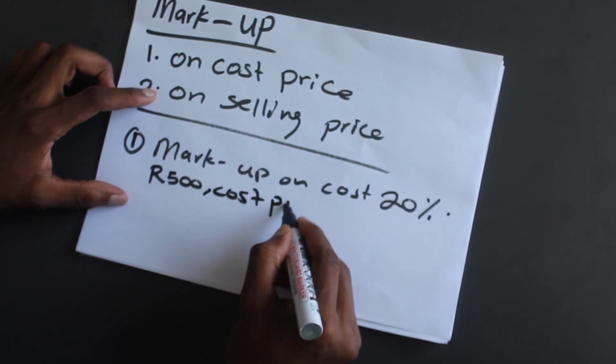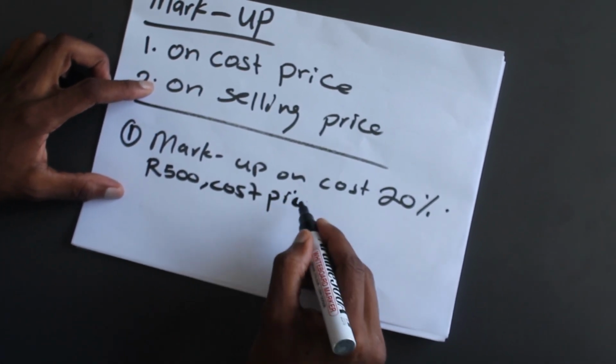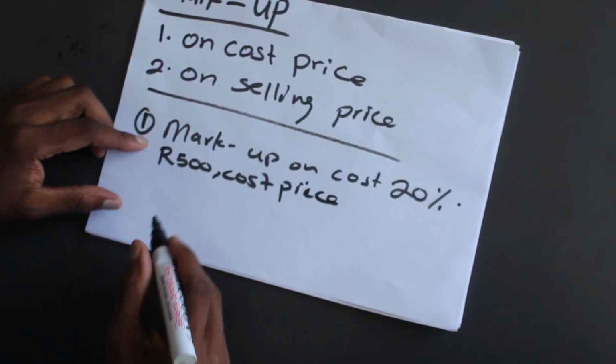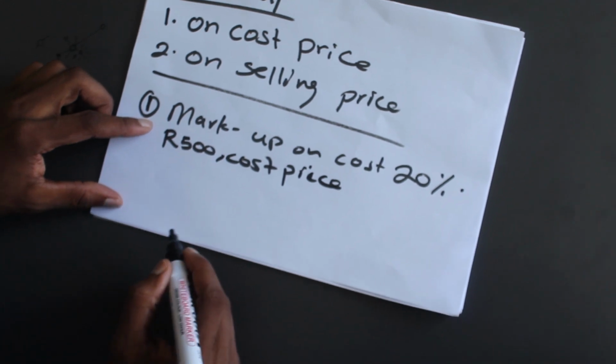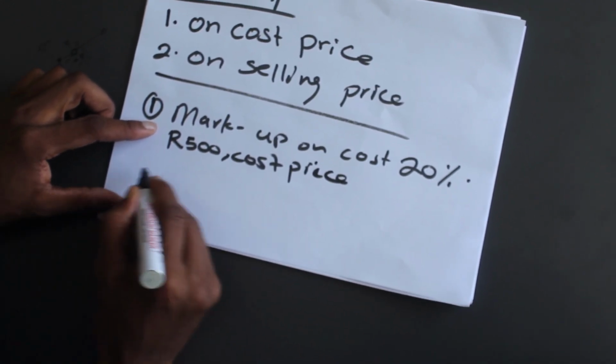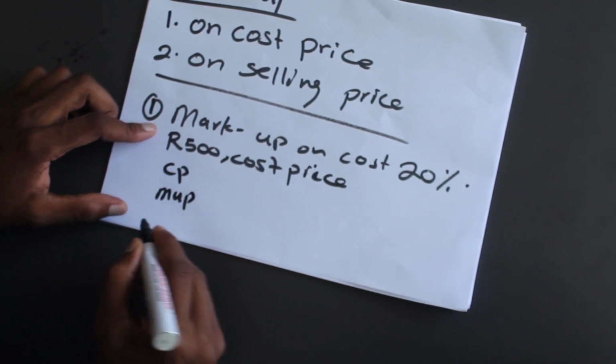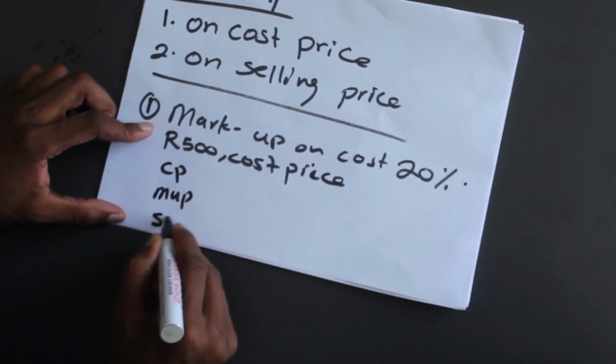The first thing that you do with your markup, you have to determine your cost price in percentage. Your markup is given as 20, and then selling price, right?